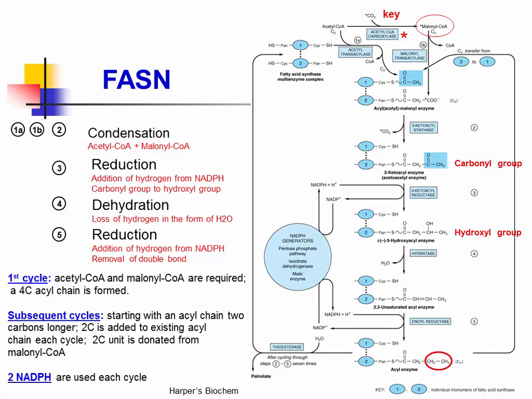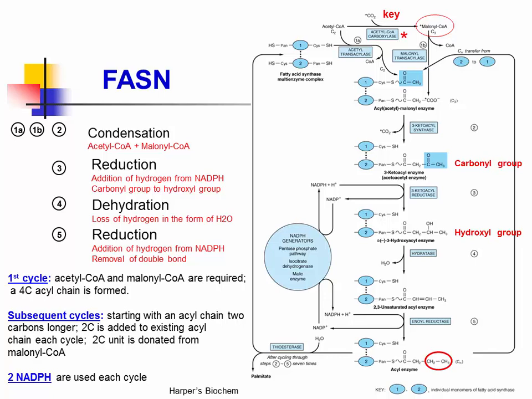So the first step catalyzed by the fatty acid synthase complex is that, you can see the acetyl-CoA, first of all, is added to the Cys end of the fatty acid complex, right? So this acyl group is coming from acetyl-CoA, right?